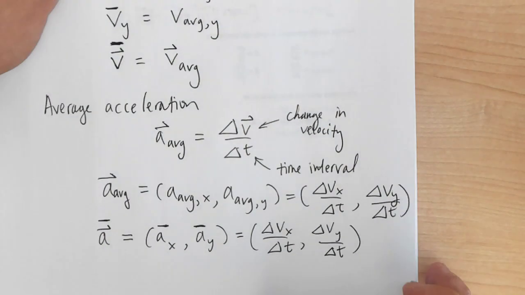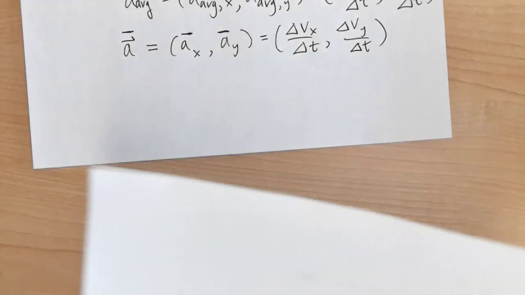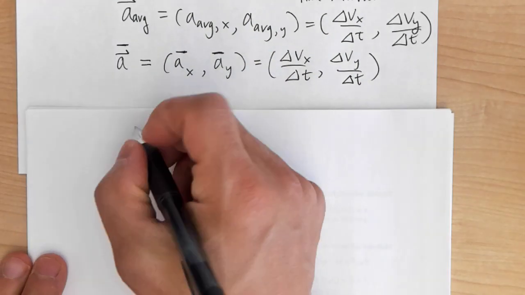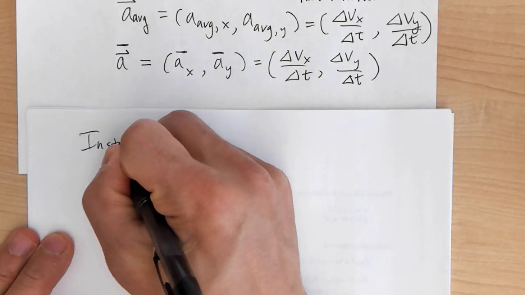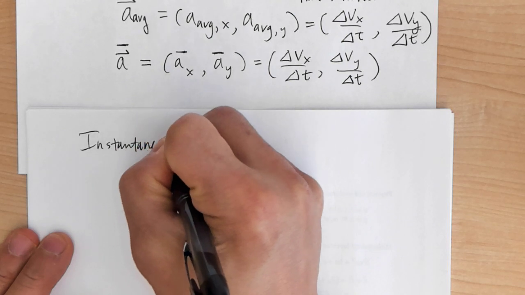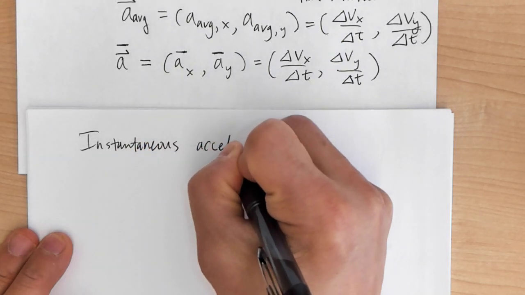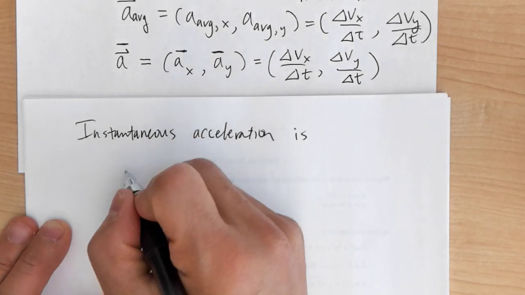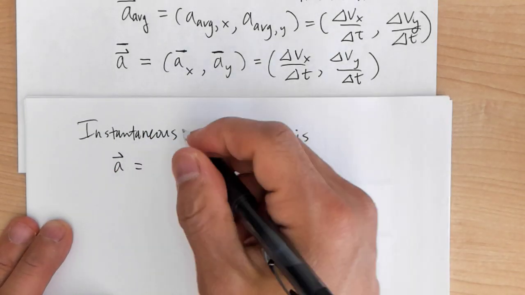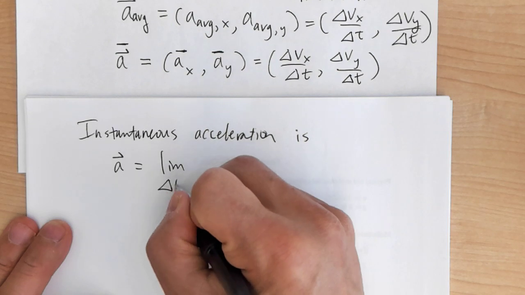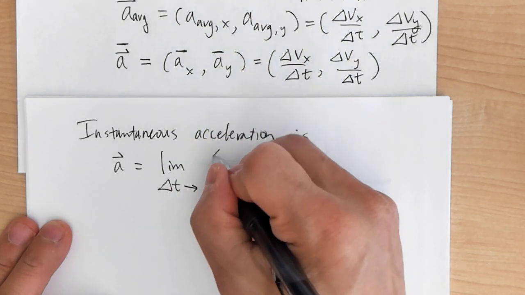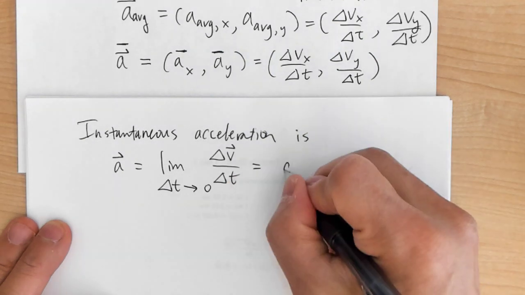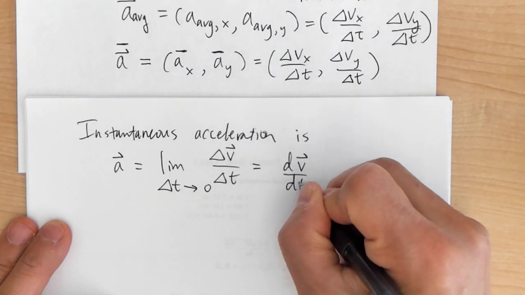If I want to go to the instantaneous acceleration, then I take delta t to 0, that limit, and the instantaneous acceleration is going to be plain old a, the limit as delta t goes to 0 of delta v over delta t, and so that will give me the time derivative of the velocity.